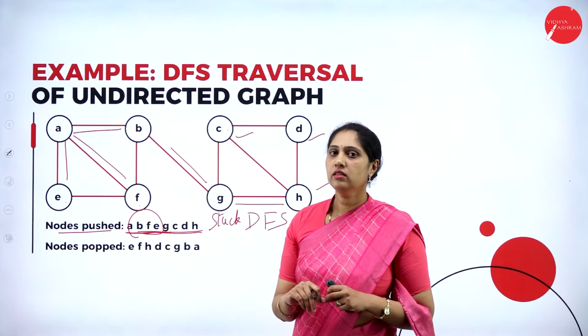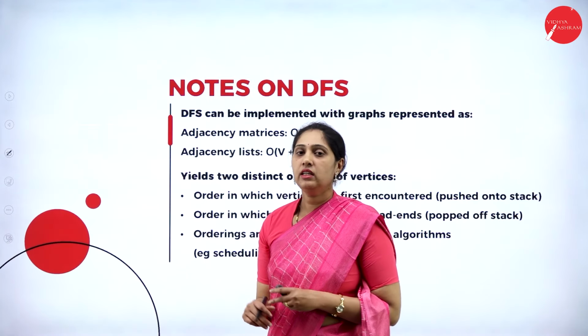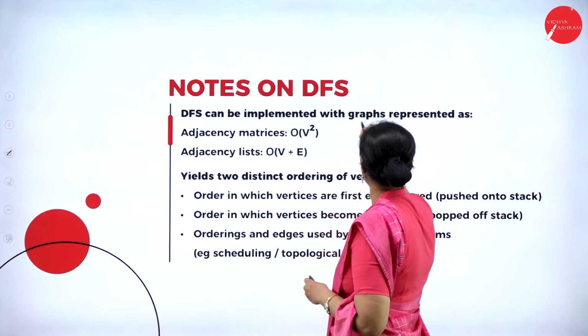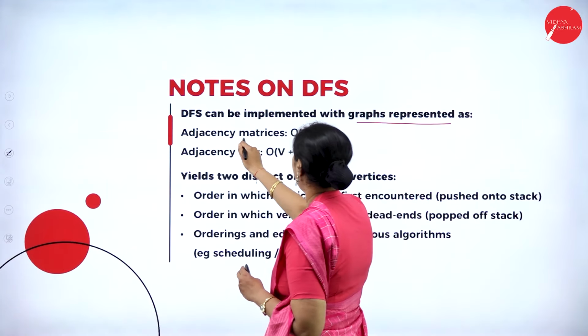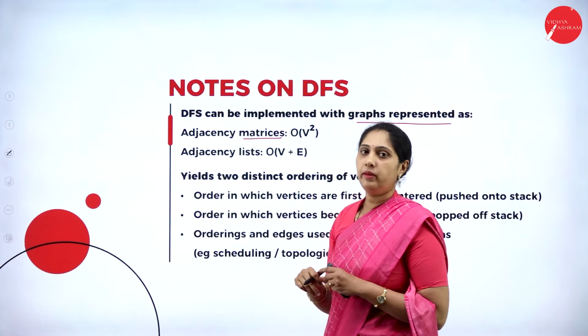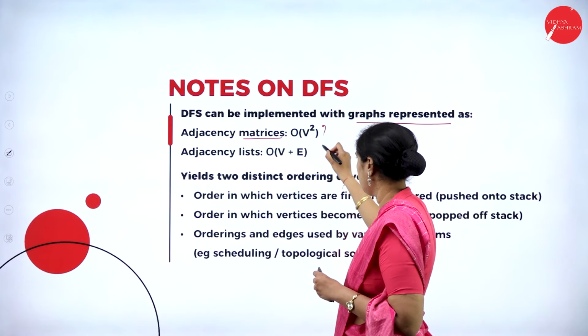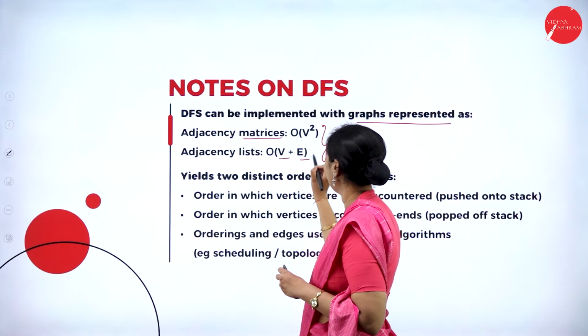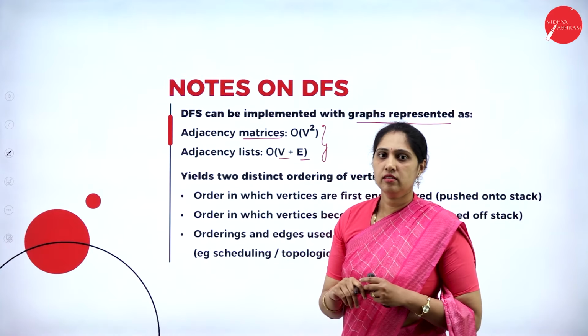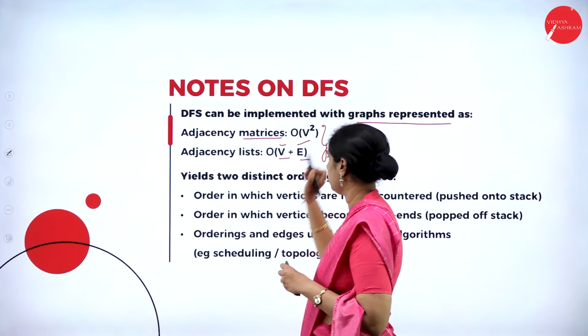This is about DFS. DFS can be implemented with the graph representations. If I take an adjacency matrix, what is the complexity? It is big O of V square. If I take the list, we consider V and E, that is vertices and edges.